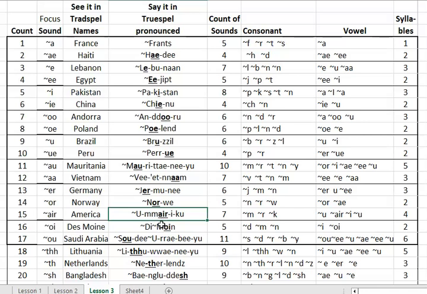It's got the AIR sound, which is a word in American English, air. The double M indicates a stressed syllable there.